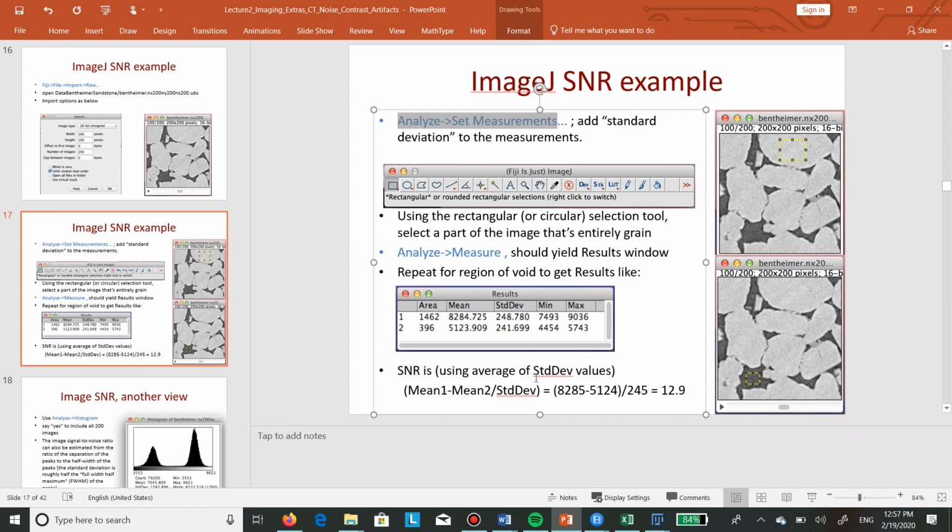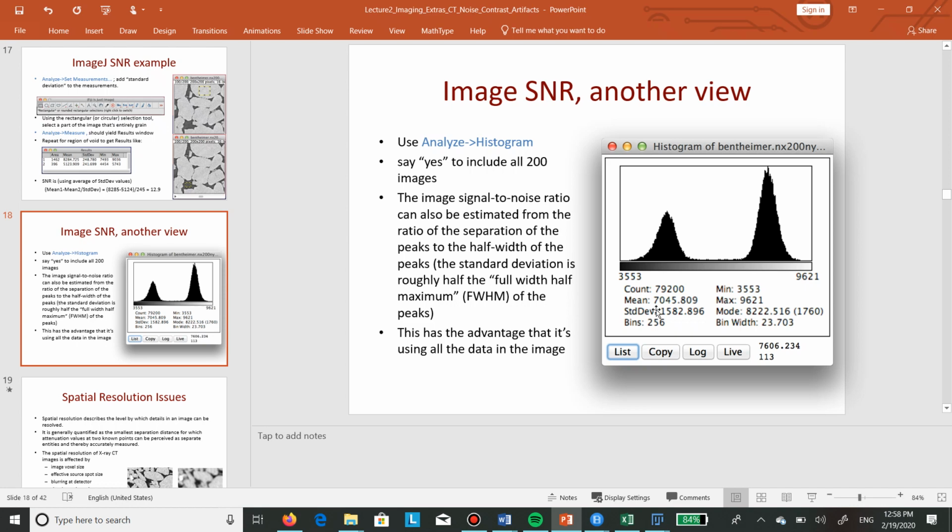All right. So this is signal to noise ratio, which is pretty good. So I can distinguish these grains and solids pretty well. Yes? Okay. Again, if I did a histogram, this was slightly blown up when I was doing it.